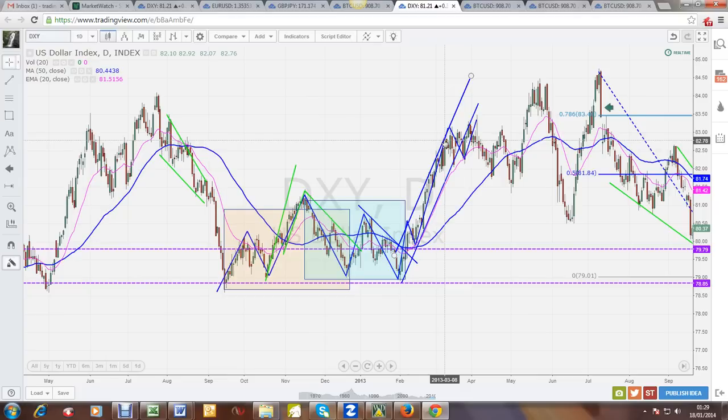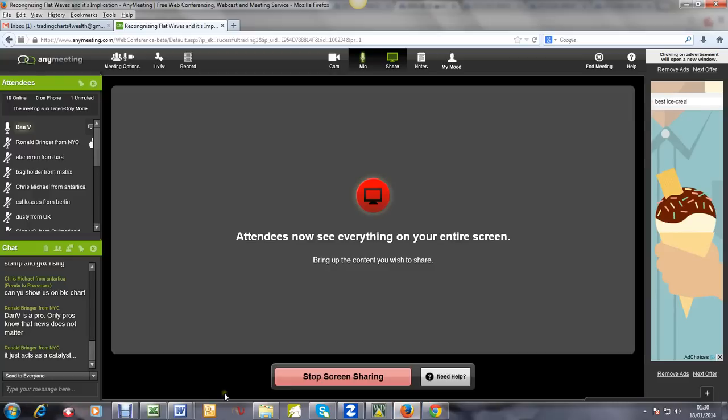And then the other big one we are looking for is potentially A, B, and C, a three-swing down. Now we are forming A, B, and C, right? I'll go into that in a moment, but that's basically the two degree level. We're expecting Bitcoin to complete a flat correction.